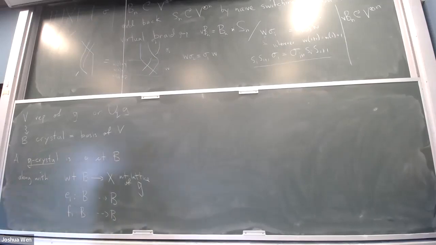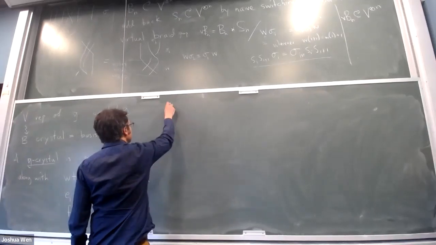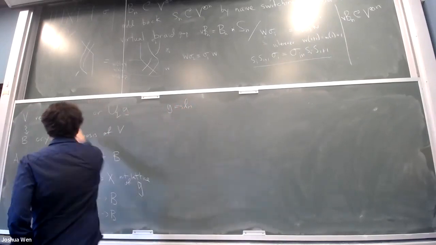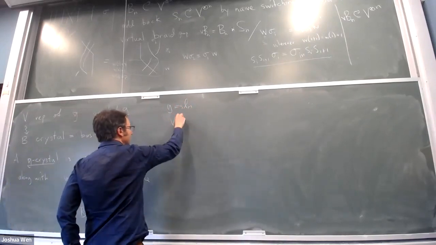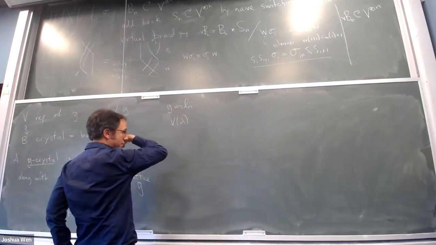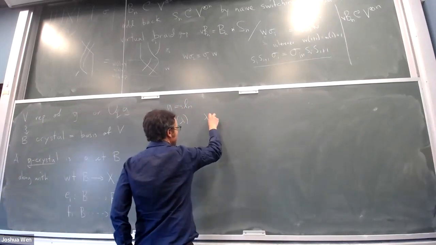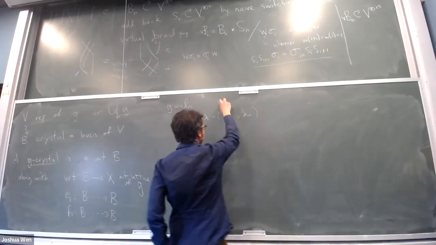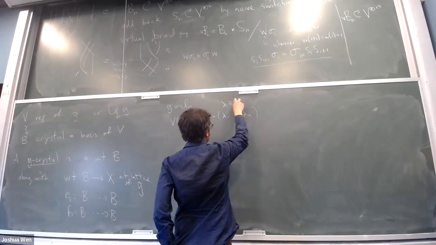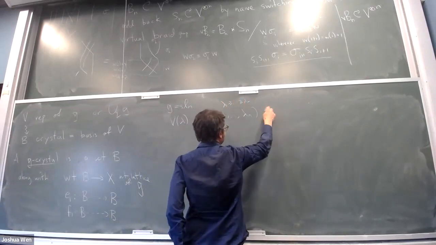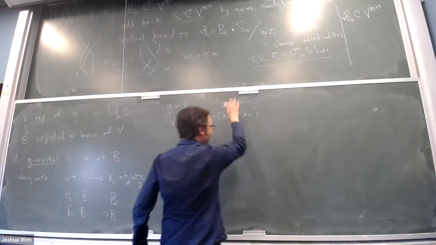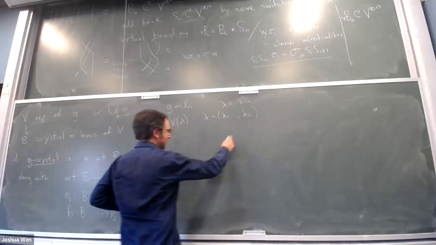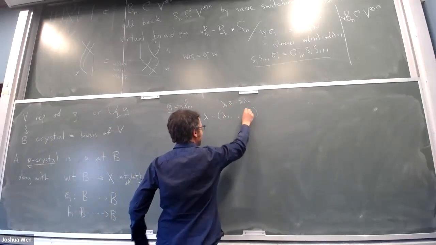So here's an example. If we take G to be SL_N, then the irreducible representations are indexed by highest weights lambda, which is a weakly decreasing sequence of integers, considered up to simultaneous addition of the all ones vector. In particular, maybe we can fix the last one to be 0.